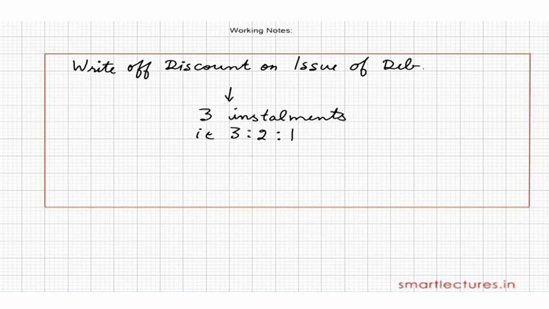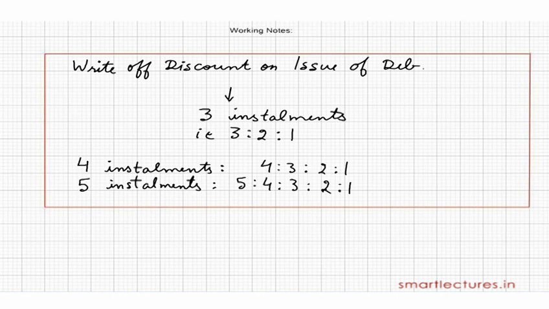If it's 4 installments, then the ratio should be 4:3:2:1. If the debentures are being redeemed in 5 installments, then it will be spread over 5:4:3:2:1. So now the question is how we got this ratio of 3:2:1.